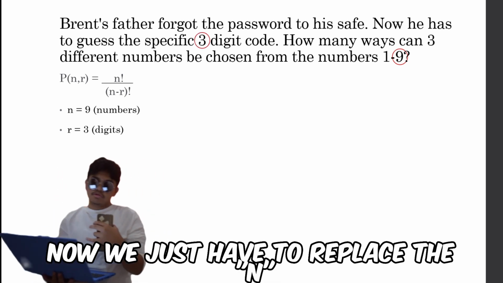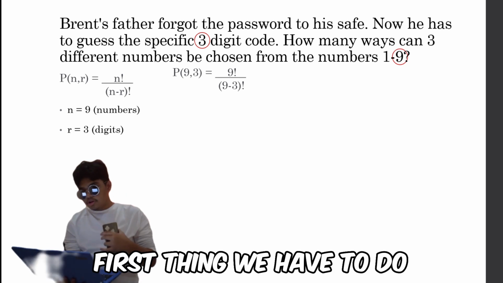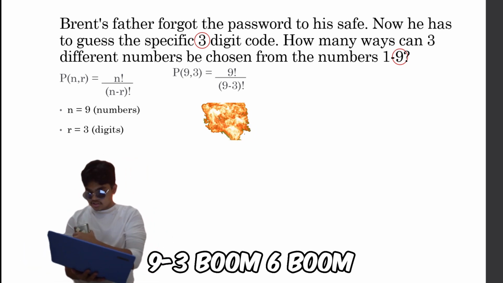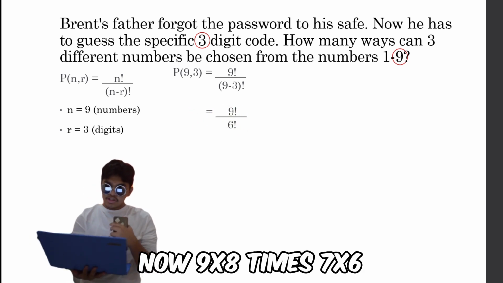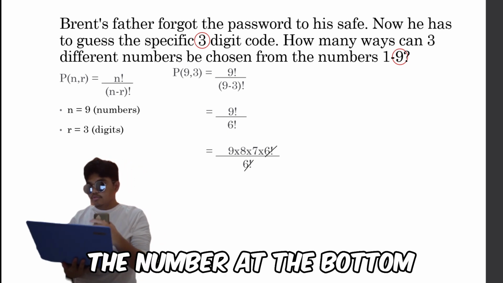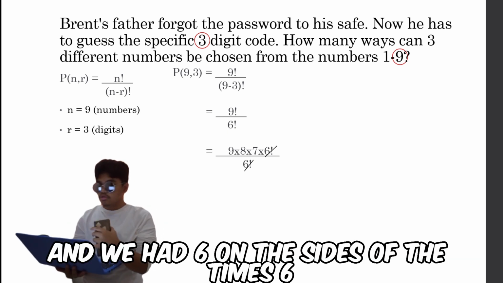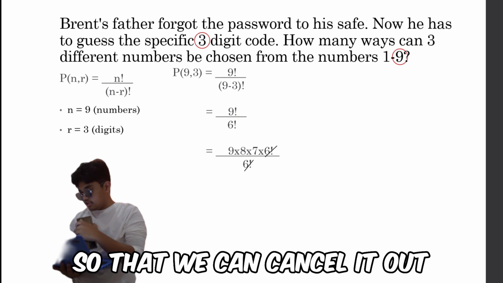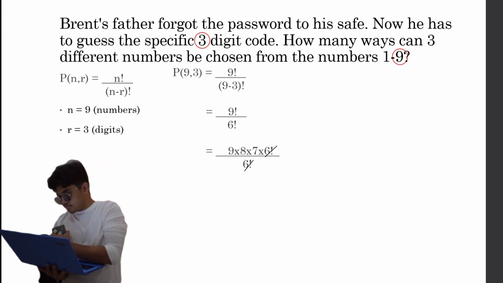Now we just have to replace the N and the R in the formula and then we're good to go. First thing we have to do, 9 minus 3, boom, 6. Boom, we put the factorial there. Now 9 times 8 times 7 times 6. We do this until we get the number at the bottom, and we stop at 6 because we have 6 factorial below and we had 6 on the side of the times, so that we can cancel it out and it will be gone forever.